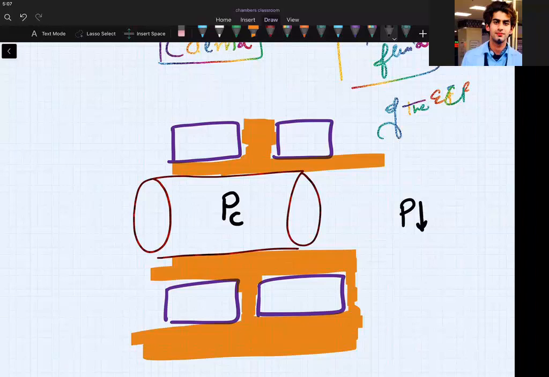What do you think will happen? Isn't it that there will be migration of fluid from the interstitium into the vessel? They have equal fluid, equal proteins. But if my hydrostatic pressure gets high in this region, the fluid will start migrating.